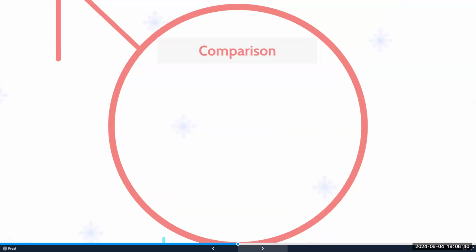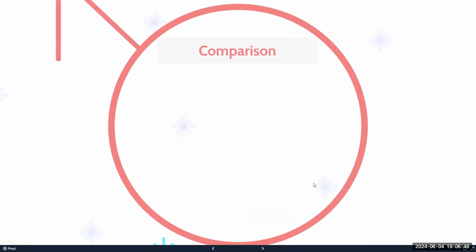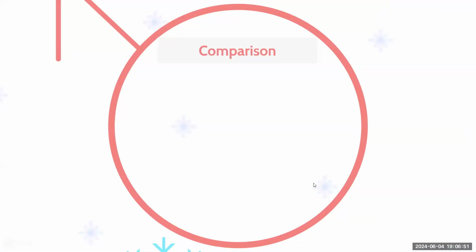The next one is comparison. I don't know why there's no example, but well, there's the example. Oh, no, that's not the example. Comparisons are when you have two things that you are comparing, okay? So this is where the meaning of an unfamiliar word is determined through its comparison to a more familiar word.